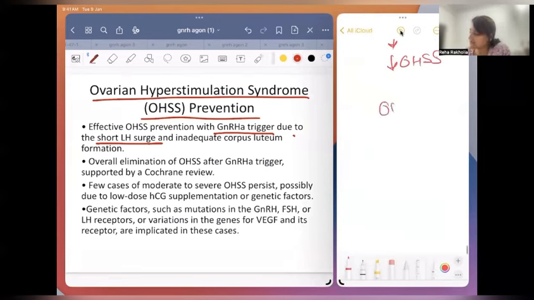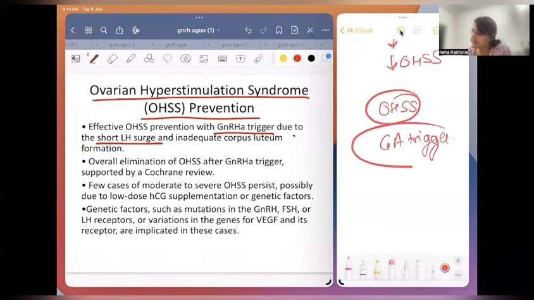If OHSS is persisting after giving GnRH agonist trigger, what does that mean? That means either we have given low dose HCG or there is some genetic factor.